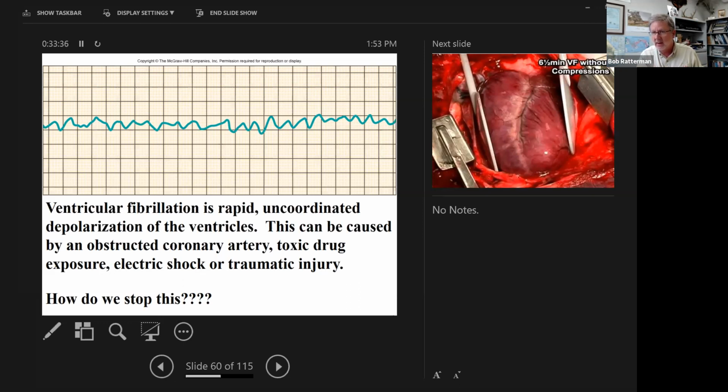You may or may not know that anybody, even if they're not Red Cross certified, can grab this if they see somebody in need of a defibrillation. It's apparently quite easy for the average Joe public. So we're going to defibrillate the heart by shocking it, and hopefully we get it back into a normal rhythm.